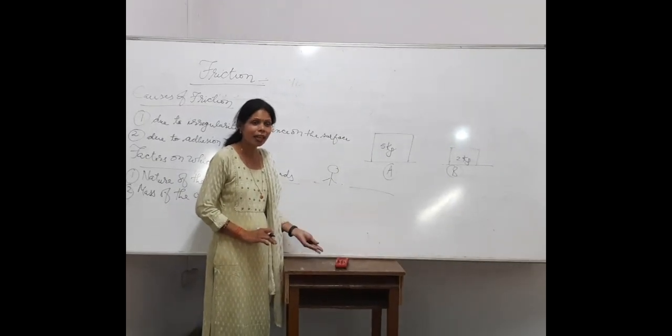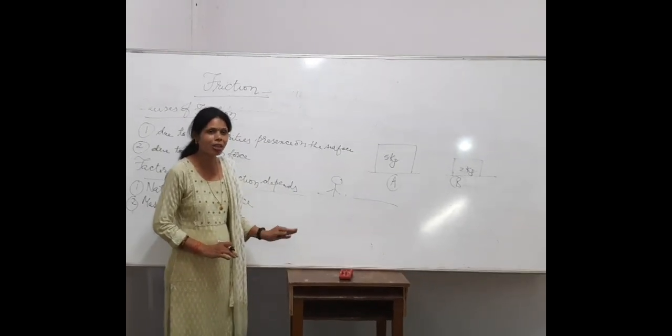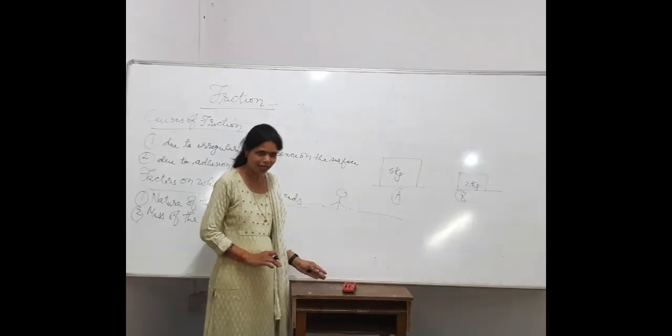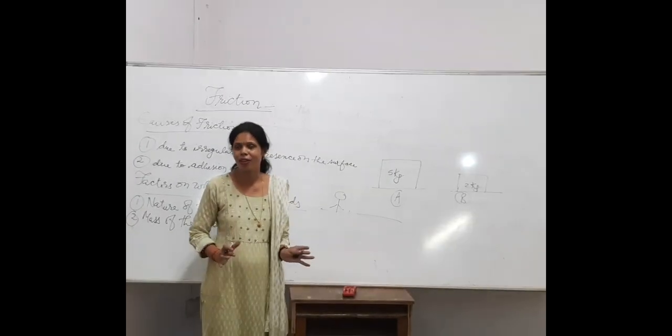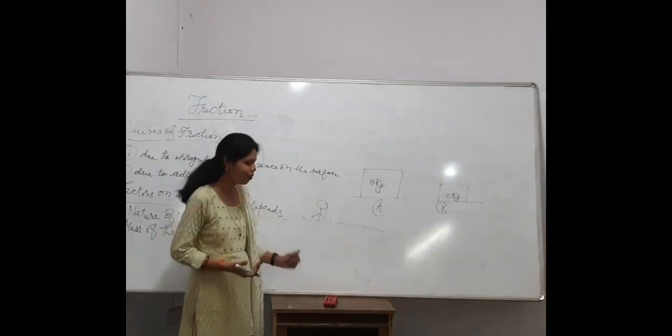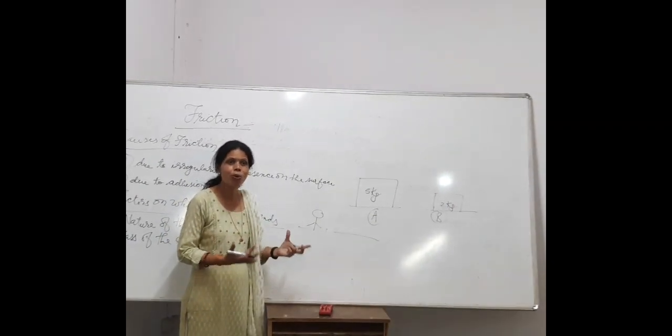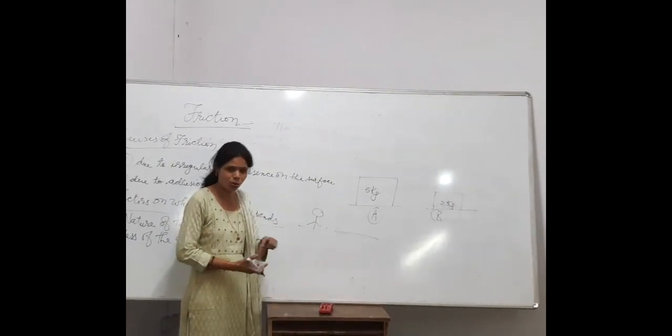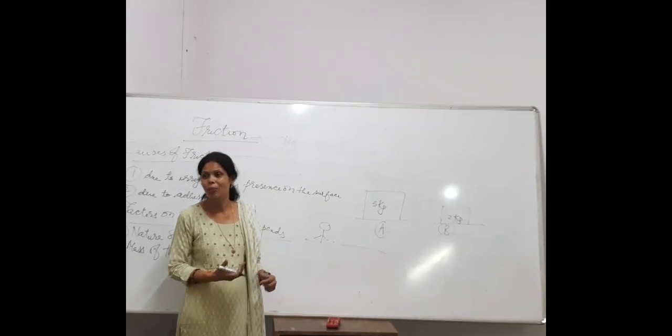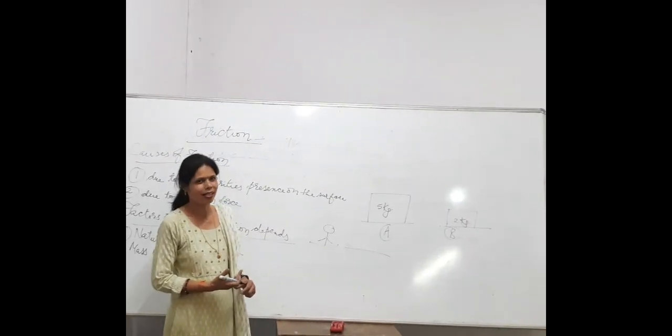So static friction comes into play when an object starts moving from rest. Friction is greater in static friction because I have to apply more force to overcome the interlocking between the irregularities.